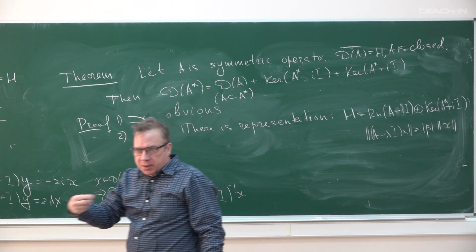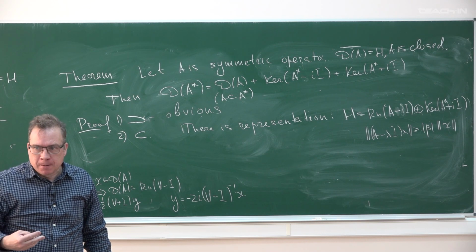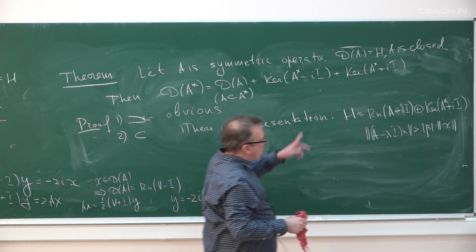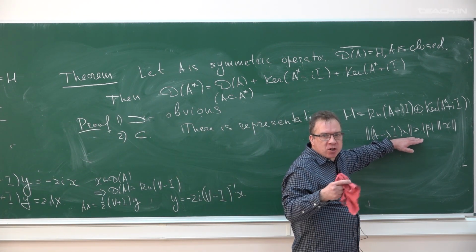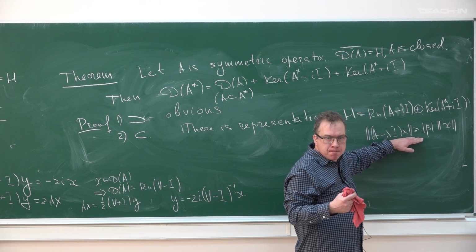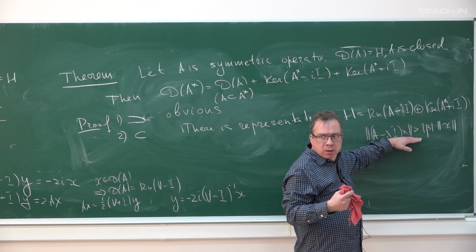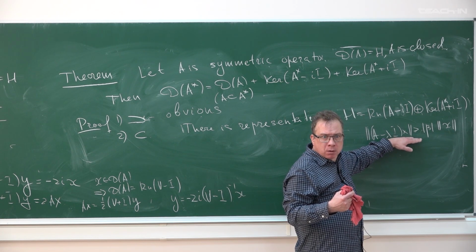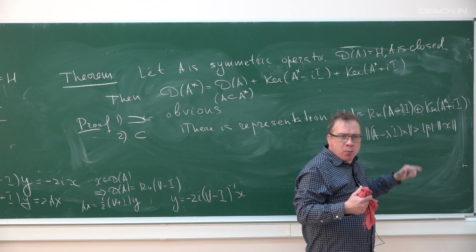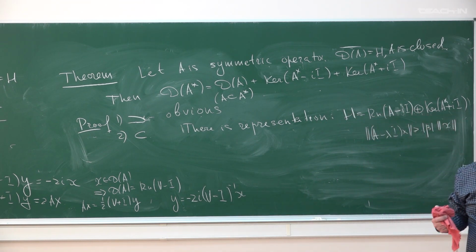But for closed operators, it is true that if we have such an estimation, then the range of the operator is closed. We proved it for bounded operators, but for unbounded operators it is valid too if we consider closed operators.